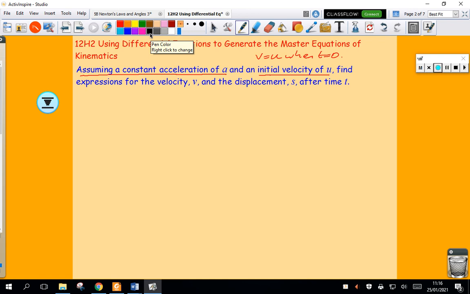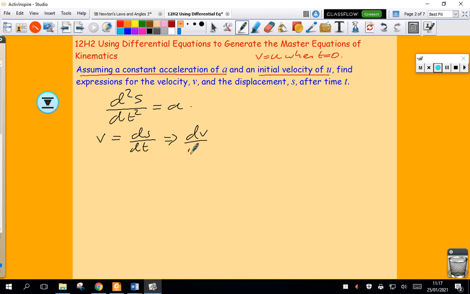So acceleration, we know, is the second derivative of position with respect to time. We also know that velocity is the first derivative of position with respect to time. So the derivative of velocity with respect to time is the second derivative of displacement with respect to time.